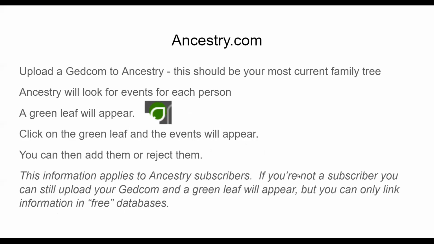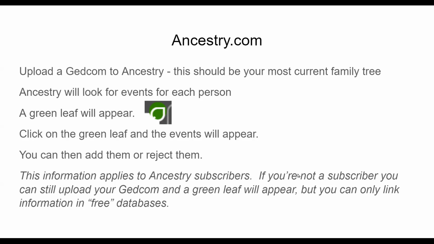So when we were on Ancestry, we got there by taking our old computer program, creating one of these GEDCOMs, and then uploading it into Ancestry. So Ancestry now had that tree. It immediately starts looking for matches. And wherever there are matches, you'll get this little green leaf, and events appear.